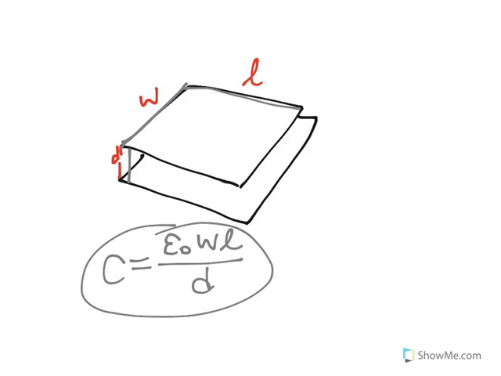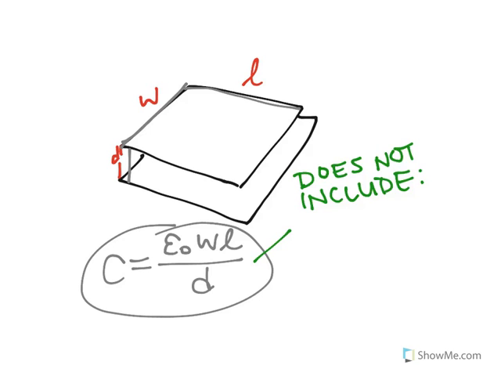Now it's interesting because you'll notice that this equation doesn't include the voltage across or the charge on each plate. What that tells us is that the capacitance of a capacitor is only dependent on the geometry.